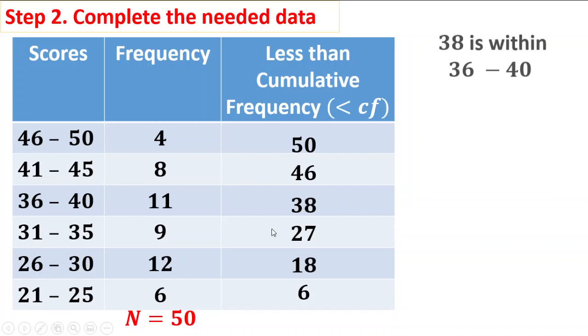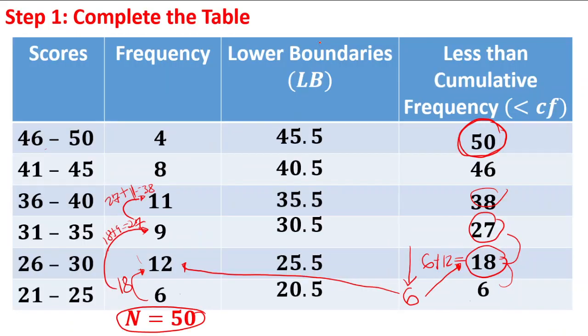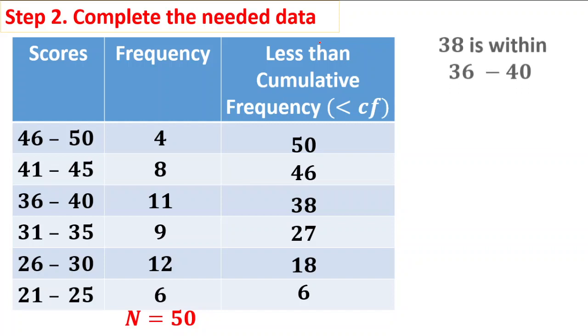Now, we have to know that we are looking for the percentage of scores which are greater than the cumulative frequency of 38. Okay? So, anong gagawin sa 38? Ang frequency natin na 38, asaan? Ito, this one.